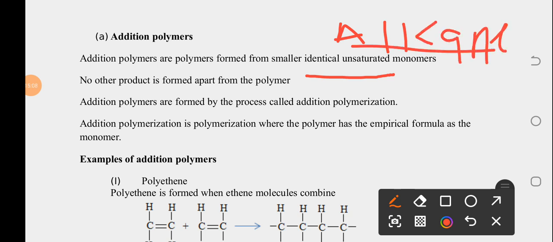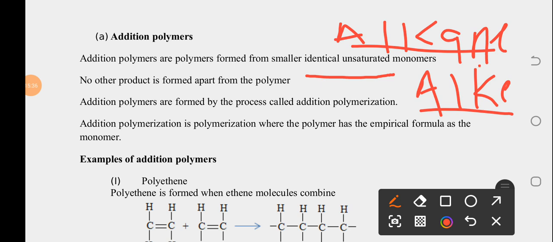I'll explain the differences between alkanes and alkenes, but the first difference is that alkanes are saturated organic compounds, while alkenes are an unsaturated organic family.